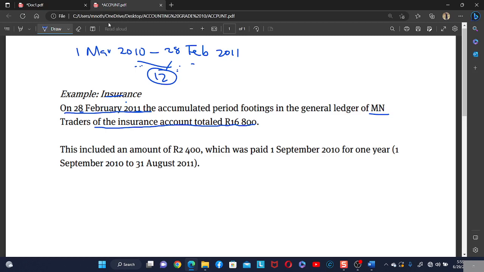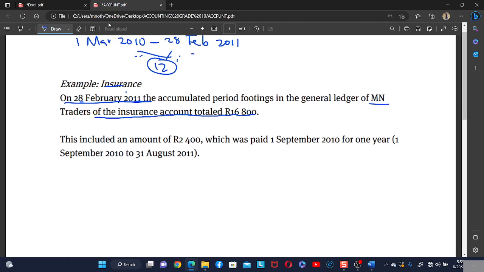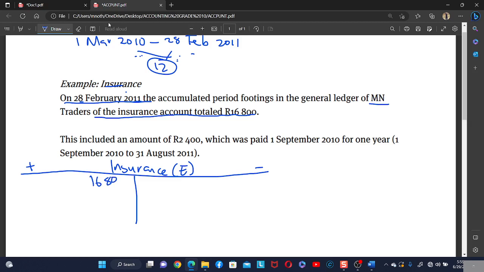Now, they are saying that the insurance is 16,800. So let's open the insurance account. We know that the insurance is an expense account, meaning that it increases on the debit and decreases on the credit side. Because it's an expense, the balance must be on the debit side.